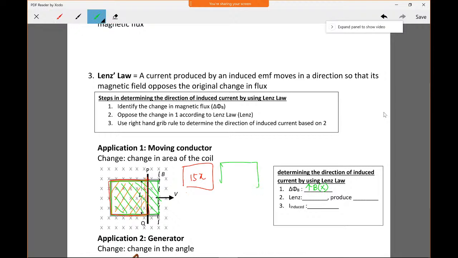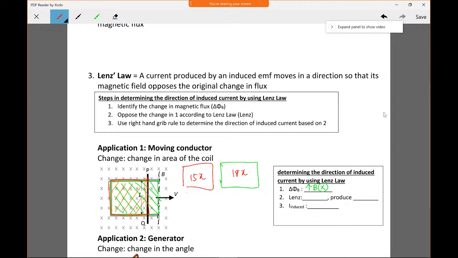Once the area has increased, you count again. It becomes 18 crosses. So in your first step, to identify the change in the flux, there is an increase of the crosses. Once you have done your first step, it is easy to write the following steps.